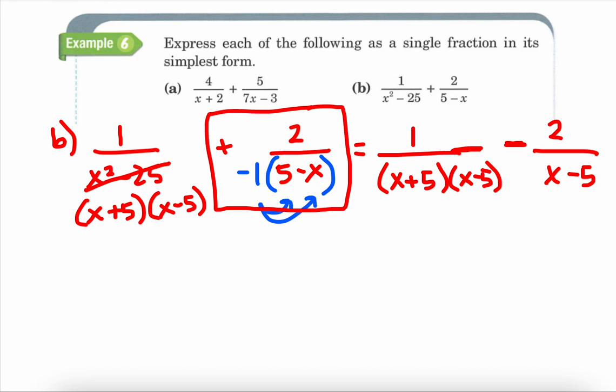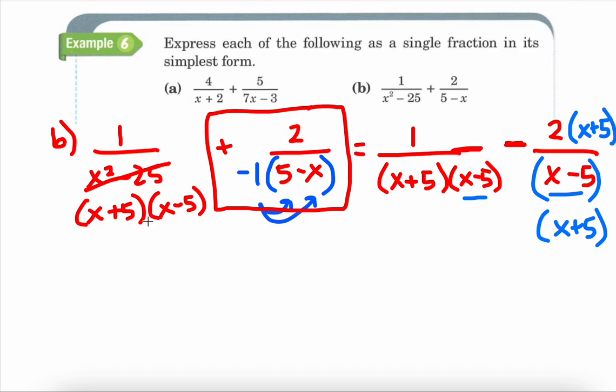Okay, so now you'll probably notice that you have an x minus 5 here and an x minus 5 here. So really, I just have to multiply this x minus 5 by an x plus 5, in order for it to have the same common denominator. So make sure we do that to the top as well.